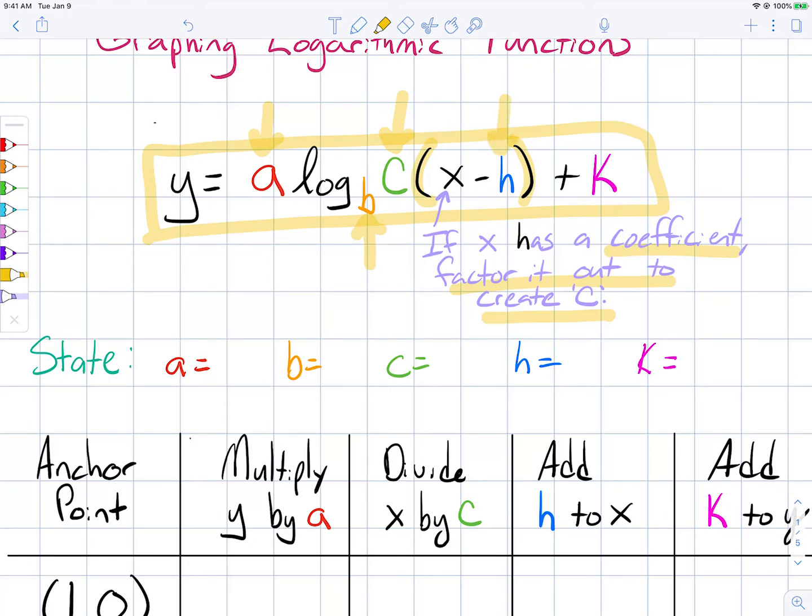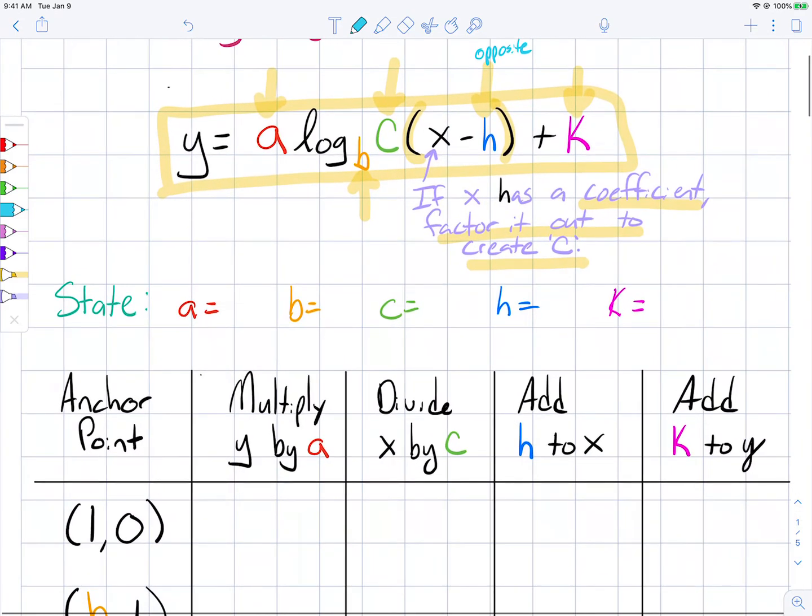You're going to have some number being added or subtracted to x, which is h, and it's always the opposite. And we have some number being added or subtracted. So do not forget, this is always going to be the opposite. So if it says minus, that means h is a plus. If it says plus, that means h is a minus. So always do the opposite of whatever is with x.